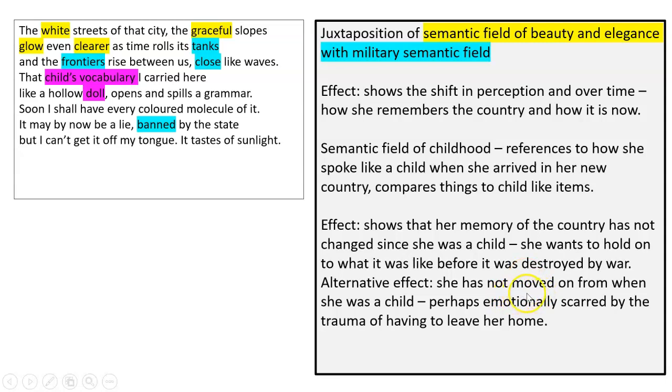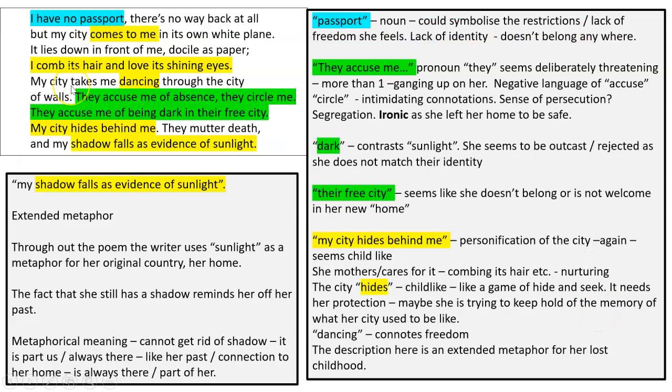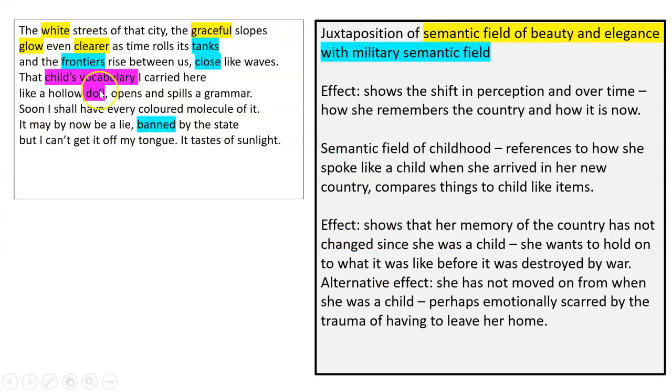Alternatively, we could say maybe she's unwilling, or she hasn't moved on from when she was a child, because perhaps the trauma of having to leave home and seeing her country torn apart has scarred her in some way, and therefore she's holding on to the memory like a child holds on to a doll, as a way to make her feel safe. So there's all sorts that we can explore here.